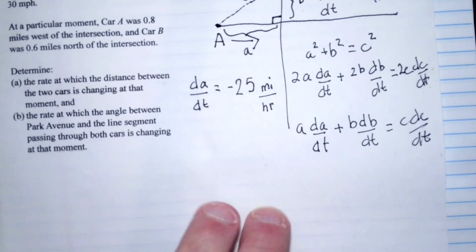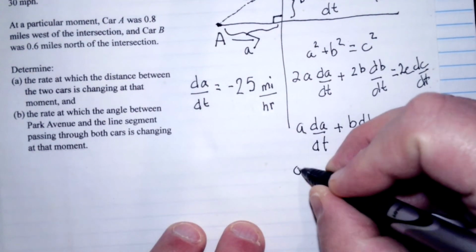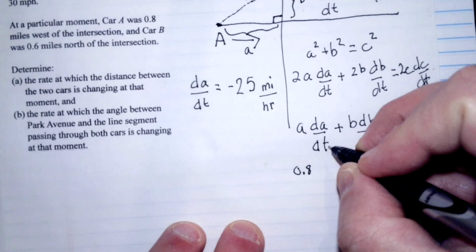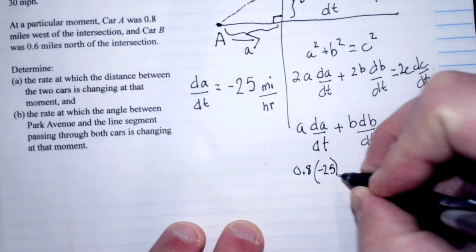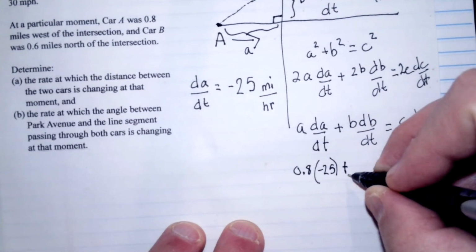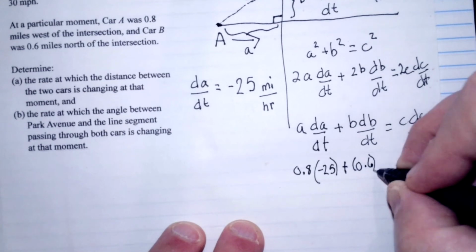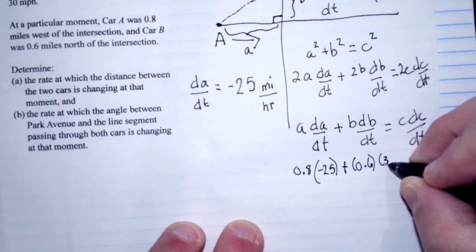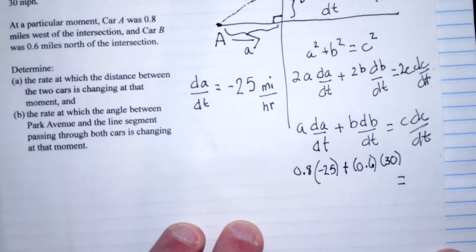Alright, so a is the distance that car A was from the intersection at a particular time, and that was 0.8. dA/dt is negative 25. B at this particular instance is 0.6, and dB/dt is 30. Now we need to figure out what C is.